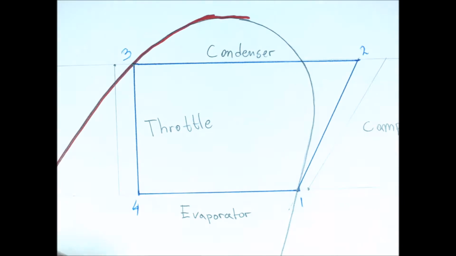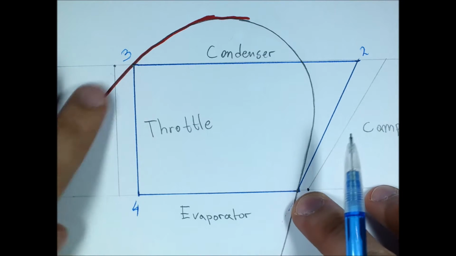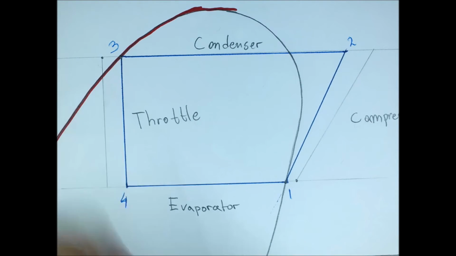Okay, but for purposes of simplicity, we will use points 1 and 3 being exactly on the saturation curve. The third and very important assumption is that we're dealing with an isentropic or ideal process, and let me show you what this means.